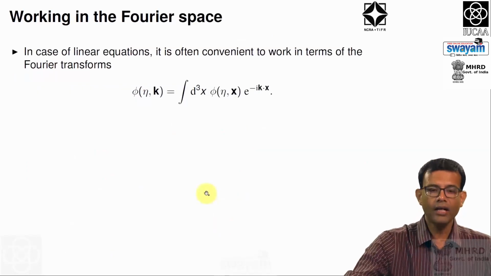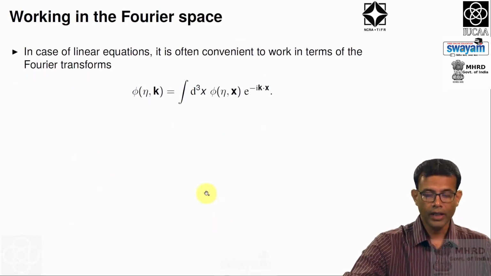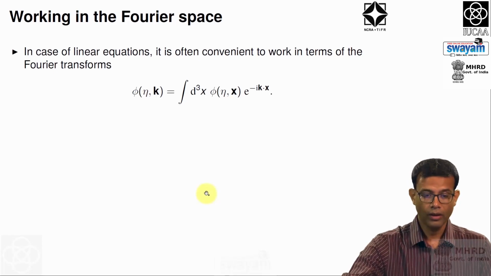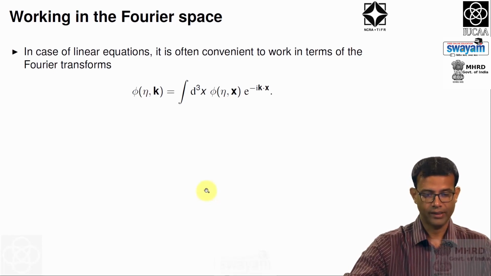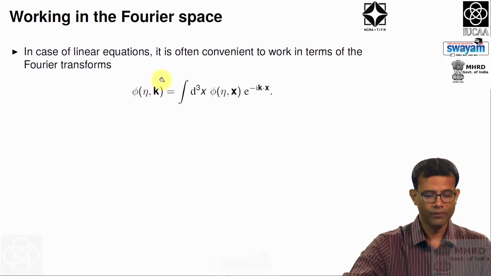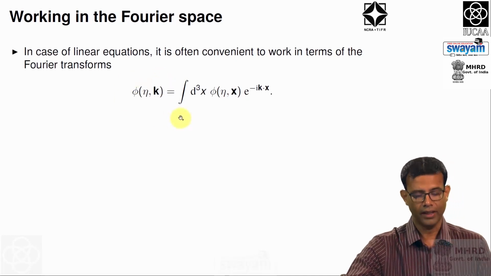Now, whenever we deal with linear equations, it often becomes helpful to work in Fourier space. In other words, instead of using functions of position, you go to the Fourier domain by introducing the Fourier transform, as I have done here.